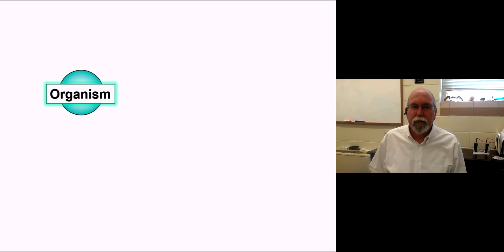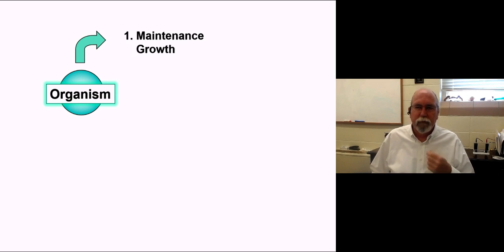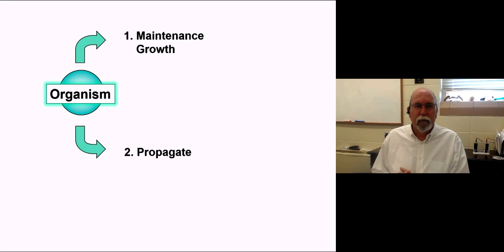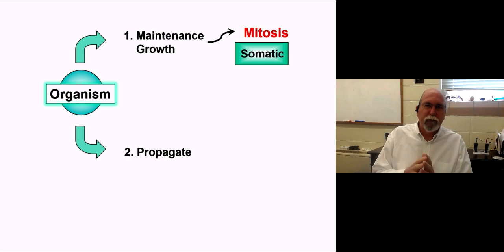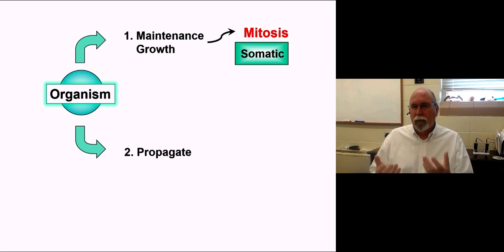Those organisms are produced by this growth and maintenance process, and once they are grown and become adults, they have to propagate. The growth and maintenance process really involves mitosis, where we are simply taking cells and replicating them and then potentially maturing them to become skin cells or neural cells or whatever they are.